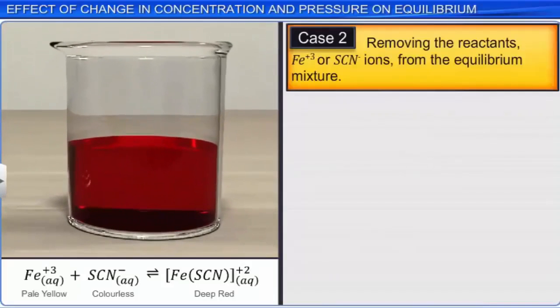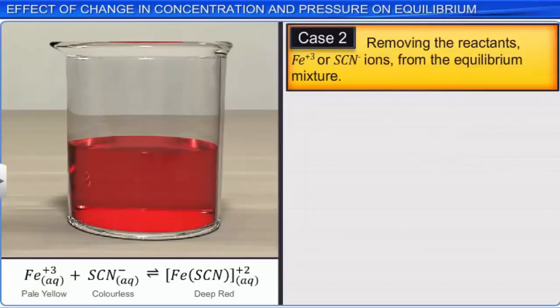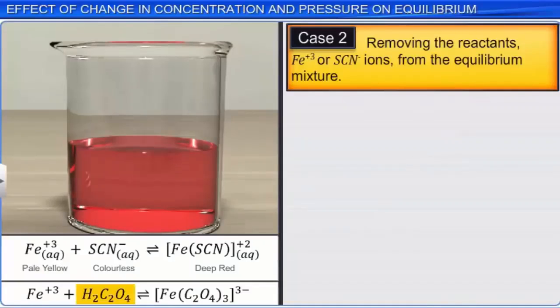You can see that the intensity of the red color of the solution decreases and the solution turns pale. Why does this happen? Oxalic acid reacts with Fe³⁺ ions in the equilibrium mixture and forms a stable complex, the trioxalate ferrate(III) ion.